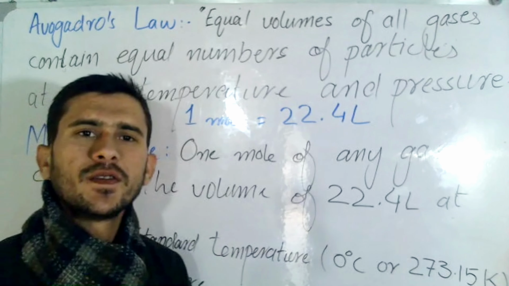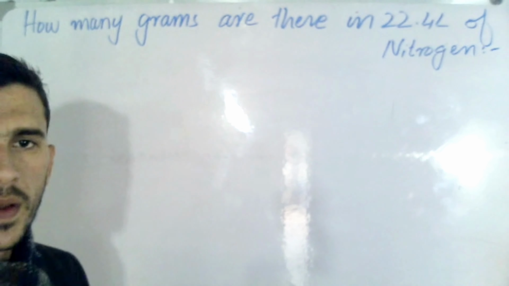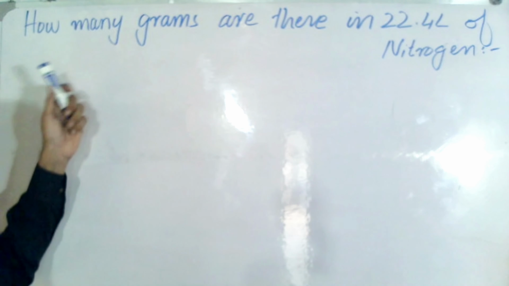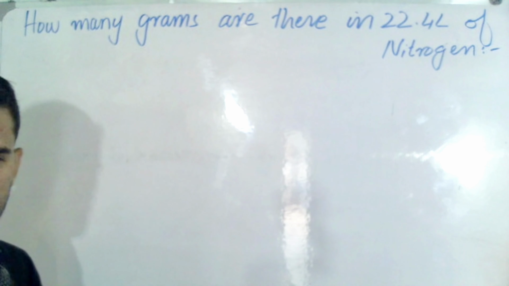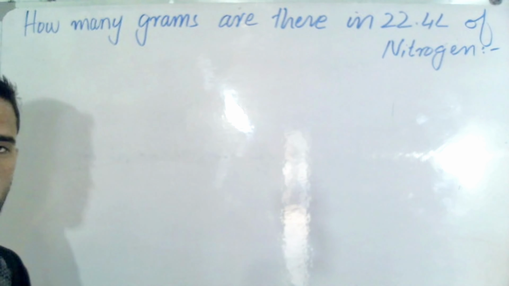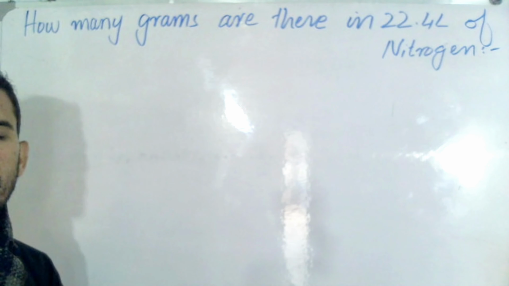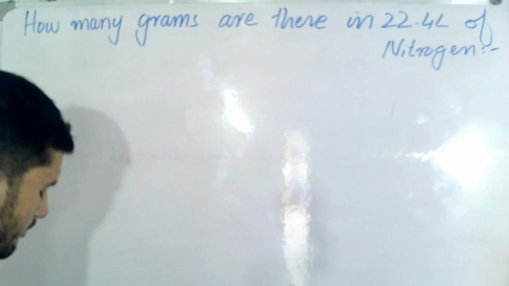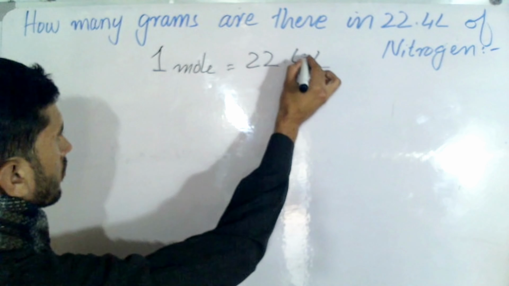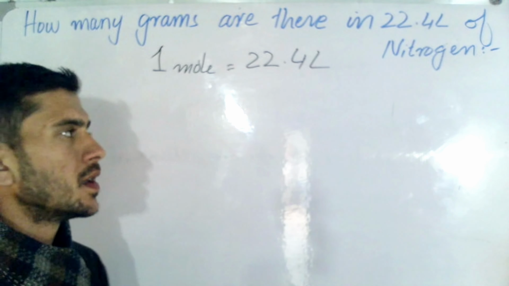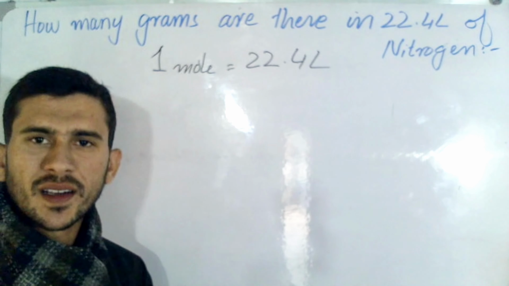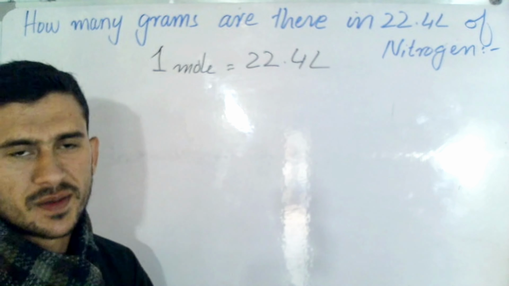Now we'll solve the question. The first question is, how many grams are there in 22.4 liters of nitrogen? To solve this question, we will use the mole and volume relation. To find the grams of nitrogen, we are to write the molecular mass of nitrogen.